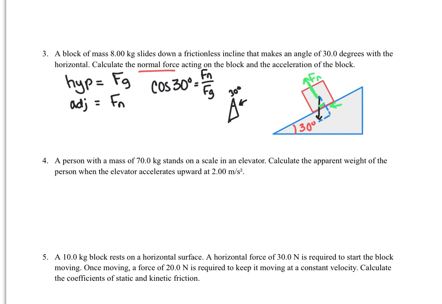So the normal force is going to equal the force of gravity, 8 times 9.81 times the cosine of that angle of incline. Go ahead and calculate what the normal force is on this.